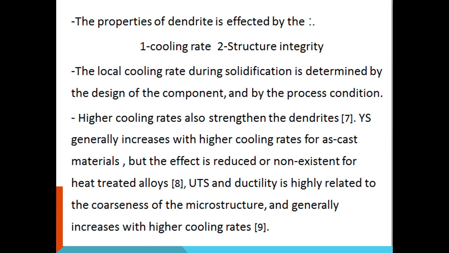Strength generally increases with higher cooling rate for as-cast material, but the effect is reduced or nonexistent for heat-treated alloys. Ultimate tensile strength and ductility are highly related to the coarseness of the microstructure and generally increase with higher cooling rate.